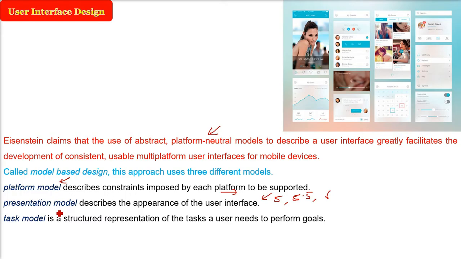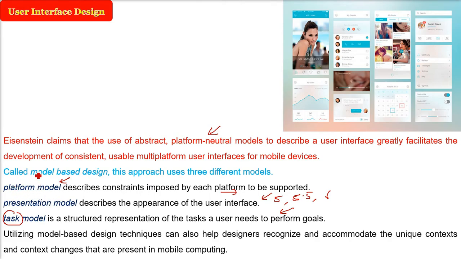Then the task model. Now this task model is a structured representation of the task a user needs to perform, their business objective or goal. So what is the minimum bare requirement you have to fulfill that needs to be there? These are the task model.